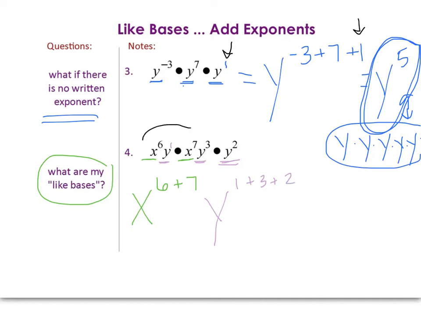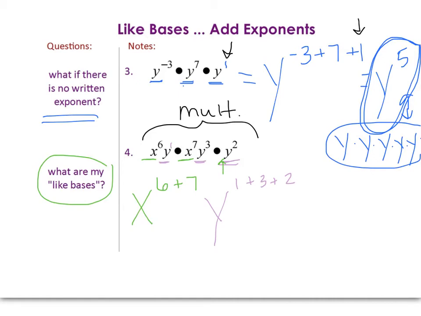Since all of these signs are multiplying, that means I can combine all my bases if they're alike. So even though this piece right here doesn't have an x written, this is all multiplication, so I'm actually using my commutative property of multiplication. I know that's hard to think about and it's hard to believe, but we are.